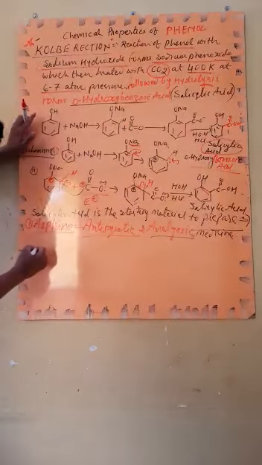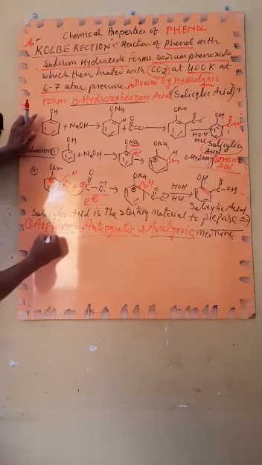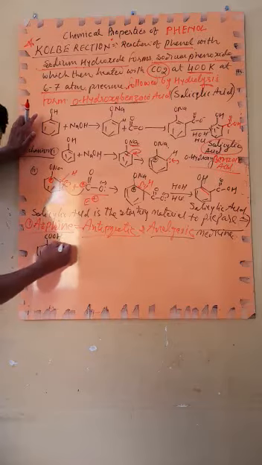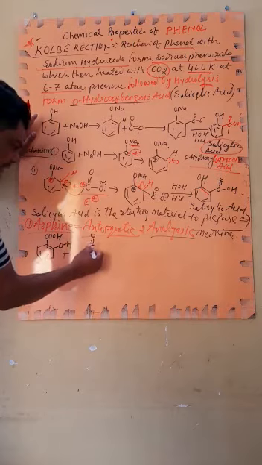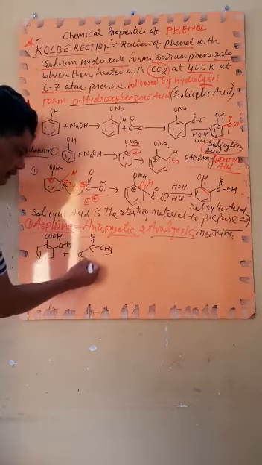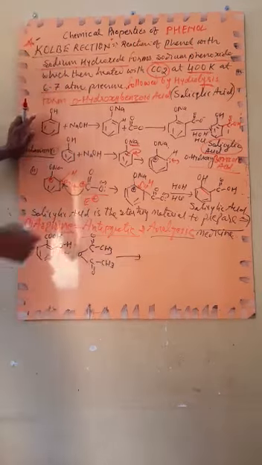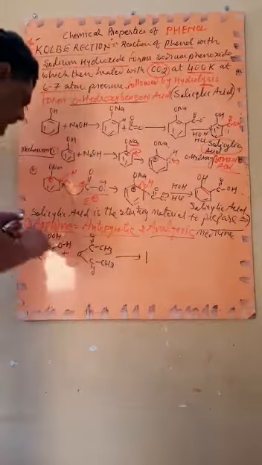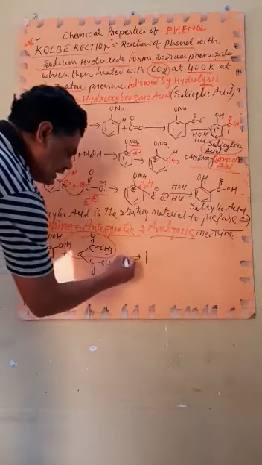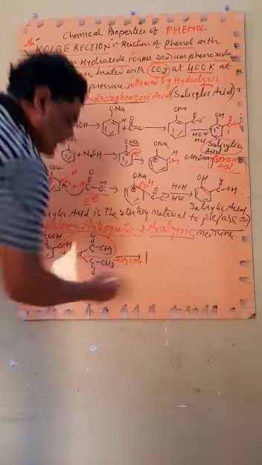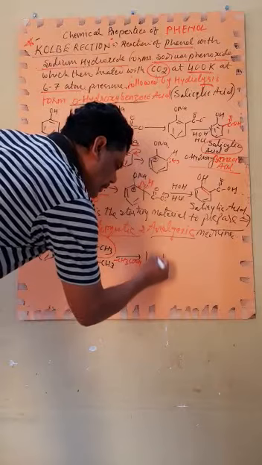So how is it prepared? When salicylic acid, that is 2-hydroxybenzoic acid, is treated with acetic anhydride in the presence of sodium acetate, the H is released from that portion, forming CH3COOH, and forming a compound.